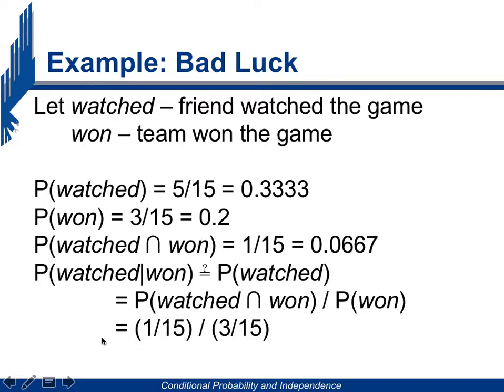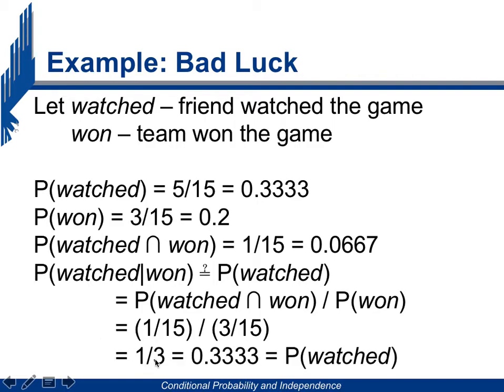So getting the quotient of the two, we will get 1 over 3, and that's the same as P of watched, which means that these two probabilities are equal, implying that events watched and W are independent, or they don't influence or affect each other. So because we've shown that these two probabilities are the same, it's enough for us to say that the two are independent.